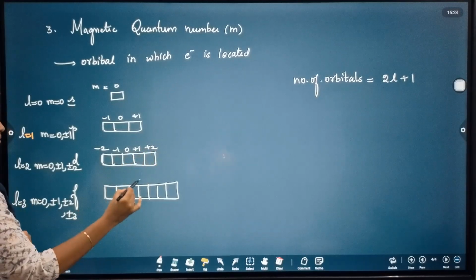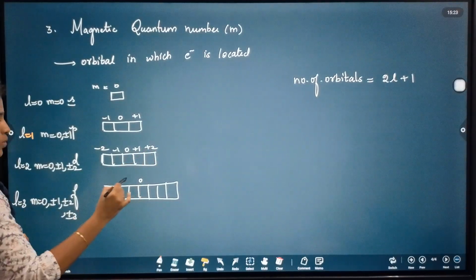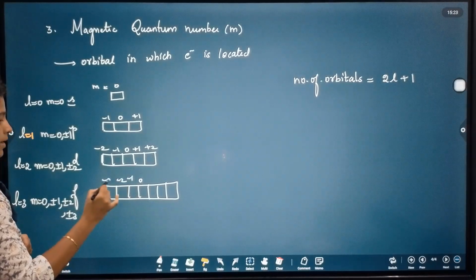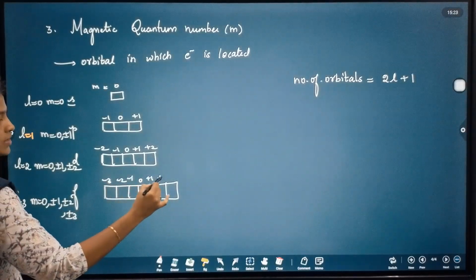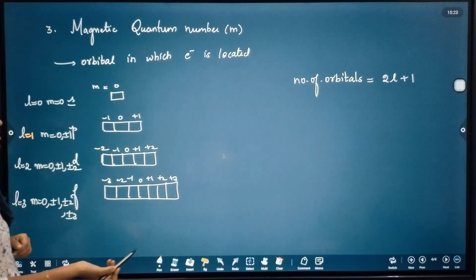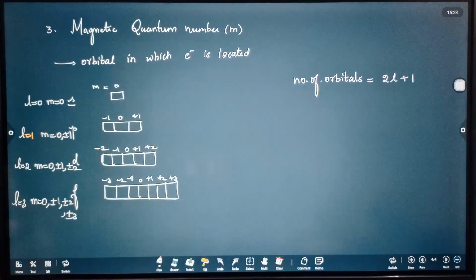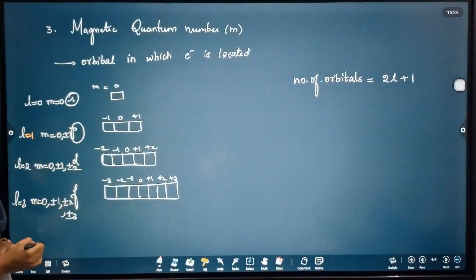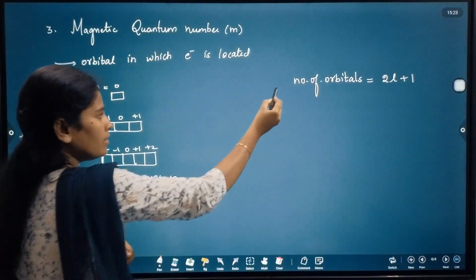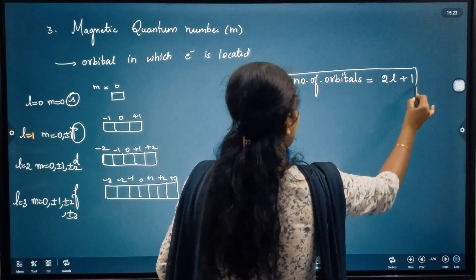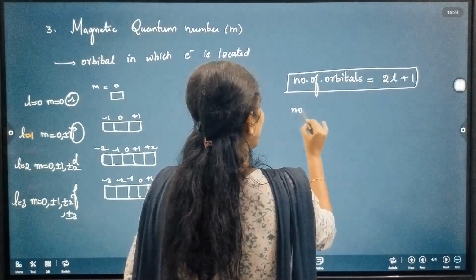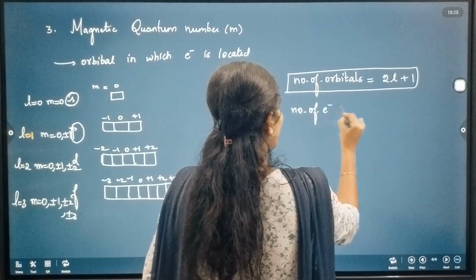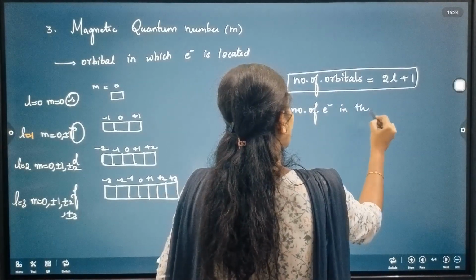For f, the middle one is 0, then minus 1, minus 2, minus 3, plus 1, plus 2, plus 3, which means it is up to plus or minus L. So the s subshell consists of only one orbital and p consists of 3, as we get by substituting the value in the formula. Next, the number of electrons in the orbitals.